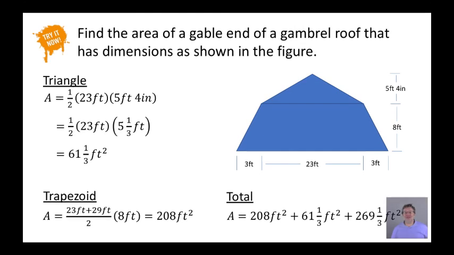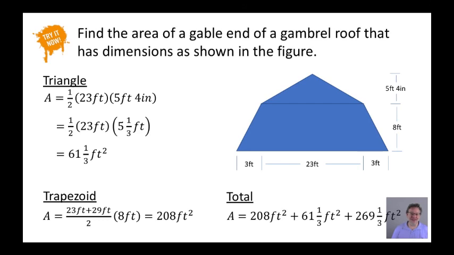Welcome back. Well, this is an example of dividing and conquering, so to speak. You've got two shapes there, a triangle and a trapezoid, and it's a process of calculating the areas of each one of those portions and adding them together. First, with the triangle, we have a base of 23 feet, and we have a height of 5 feet 4 inches. We can keep it in feet and inches if we want.